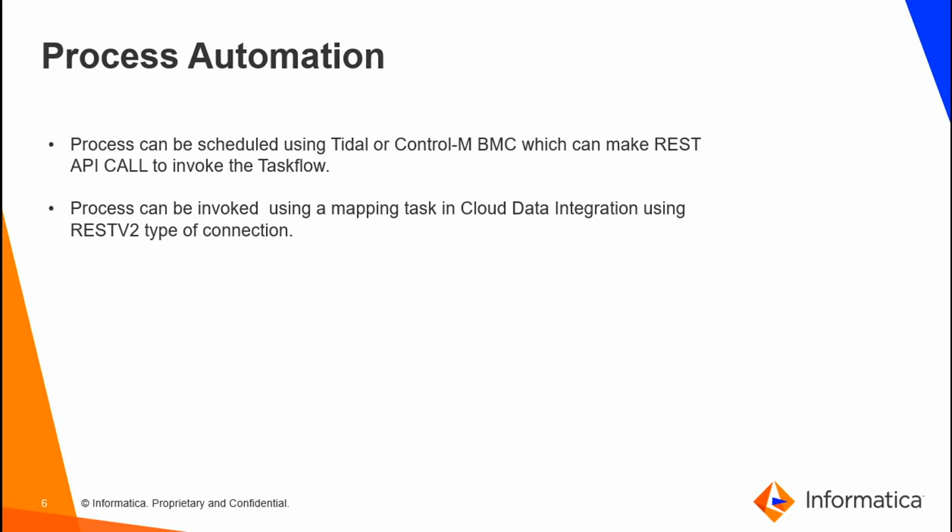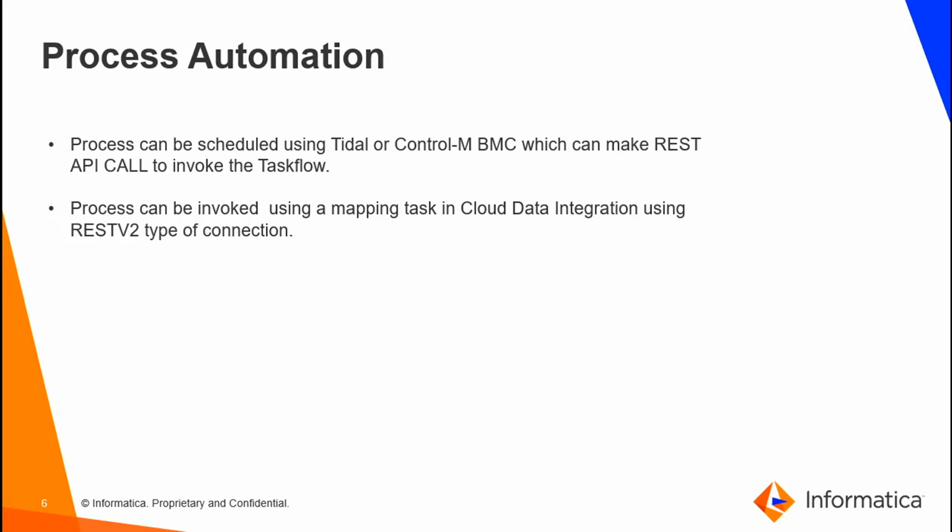That means you have already completed your service, but you need to invoke it. So how do we automate that process? In order to automate this process, you can use an enterprise scheduler like Tidal or Control-M, which can make the REST API call to execute this Taskflow.